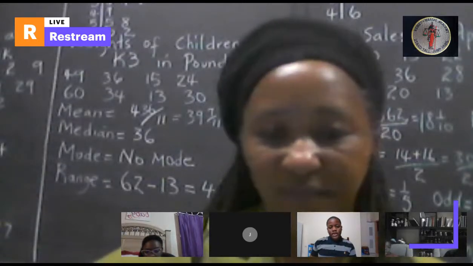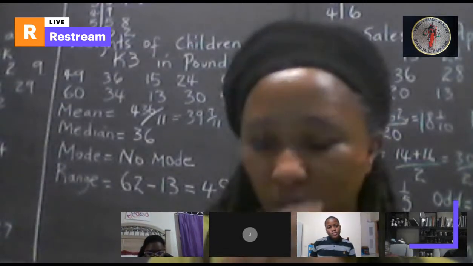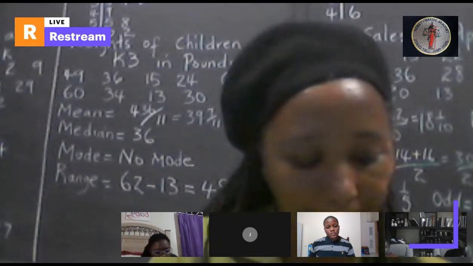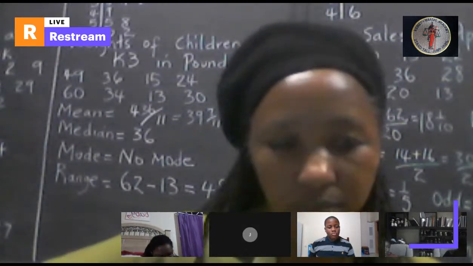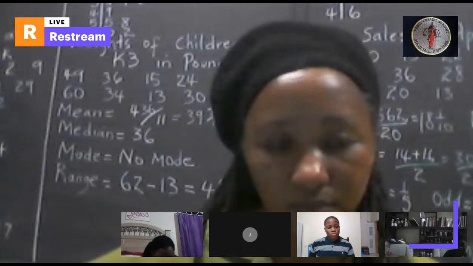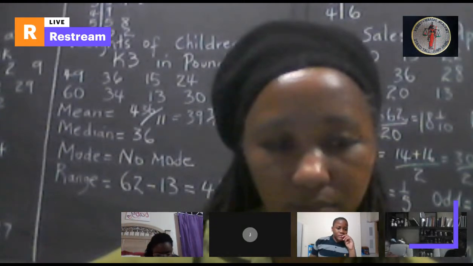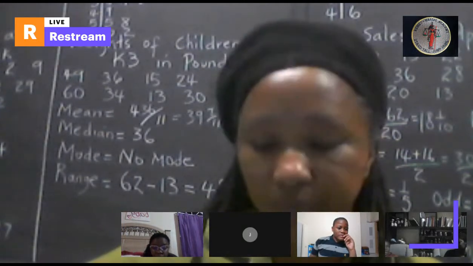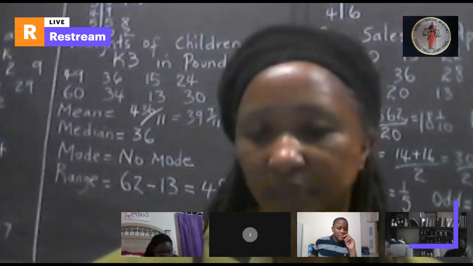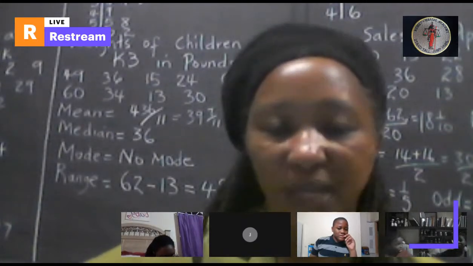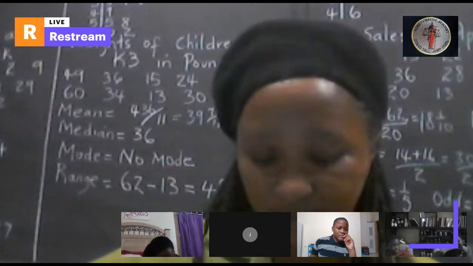How did you get 25, Madison? How you got 25? Miss, the smallest number is 5 and the largest number is 30. So, sorry, you take 5 from 30 and you get 25. Okay, that is correct. All right, two probability questions, and then we're out of here.